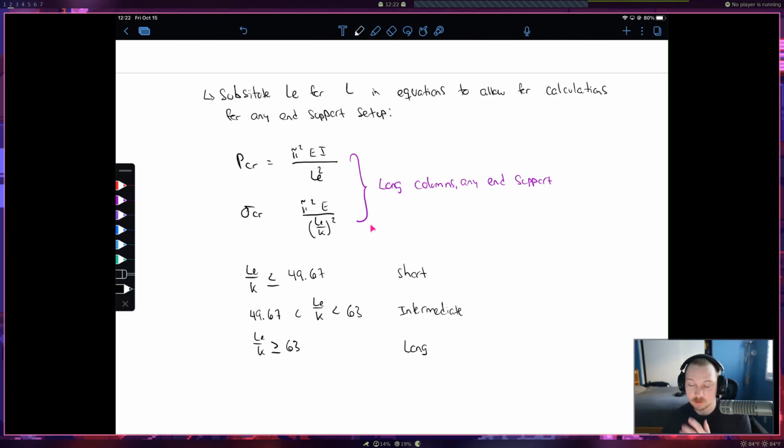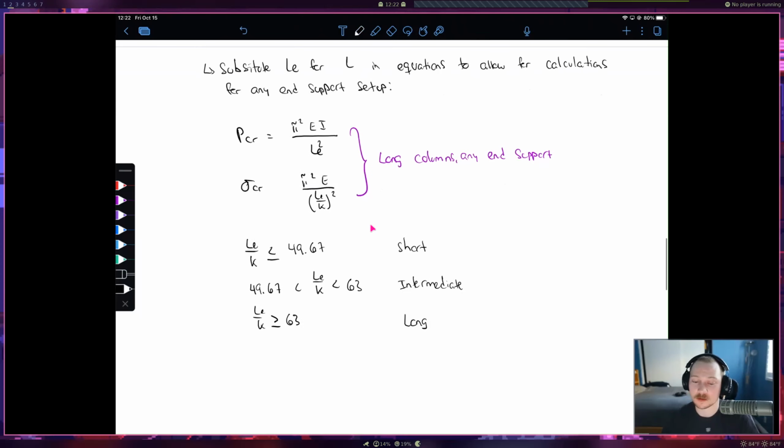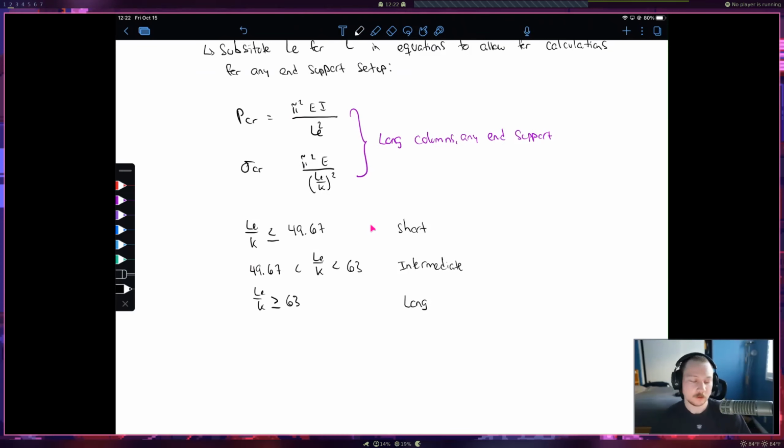Okay, and then again, we're just going to change L to L sub e for the effective length. Okay, so there we go.